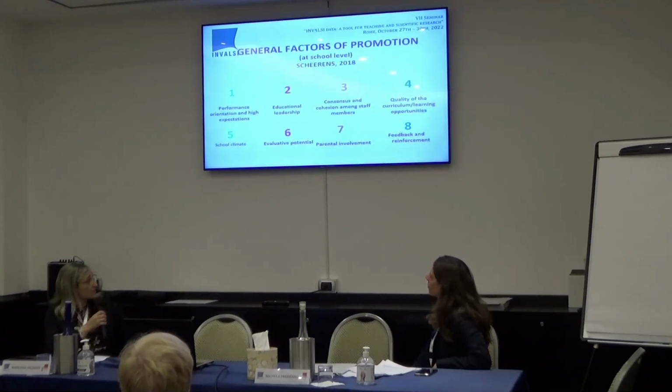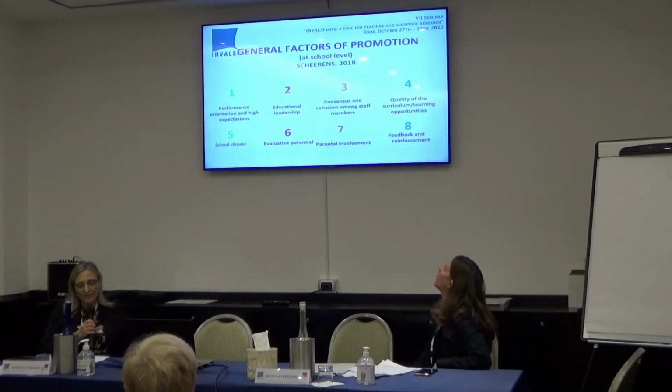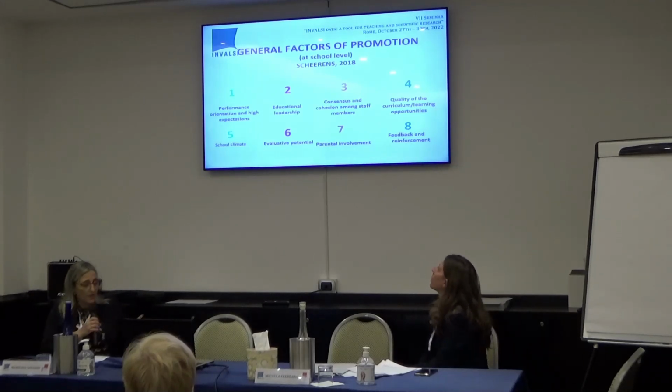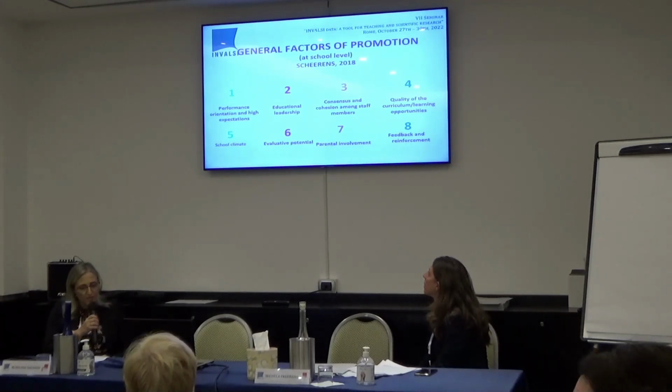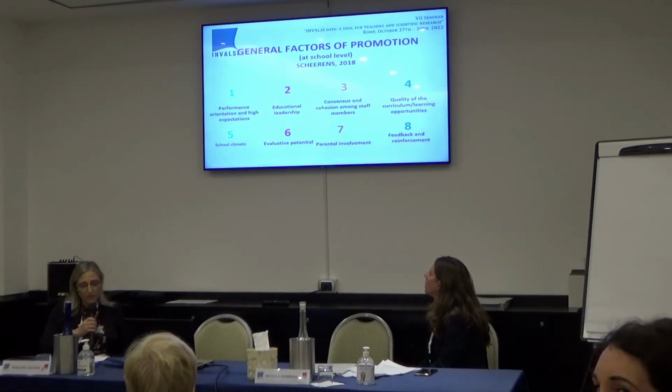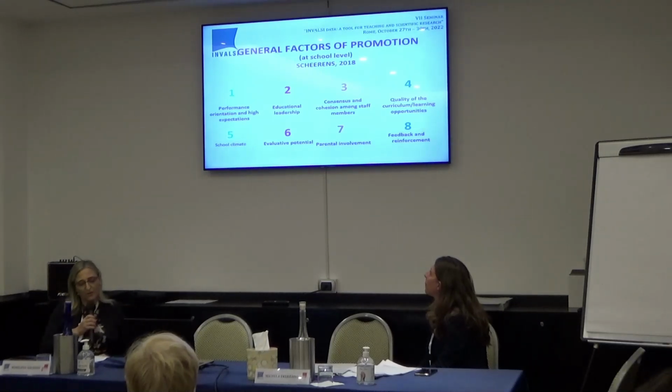The general factors of promotion that at school level influence students' achievement have been grouped by Scheerens 2018 into performance orientation and expectations, educational leadership, consensus and cohesion among staff members, quality of the curriculum, learning opportunities, evaluative potential, parental involvement, feedback and reinforcement.